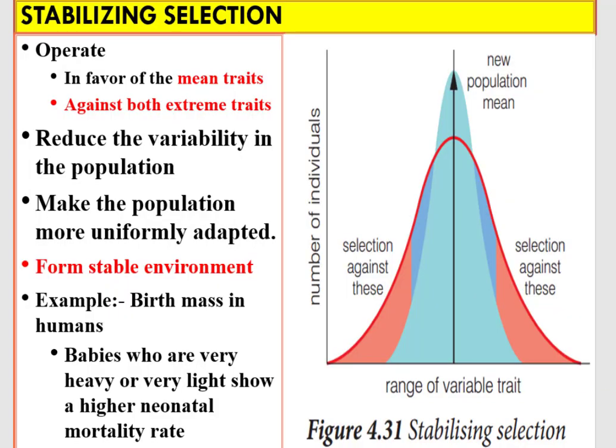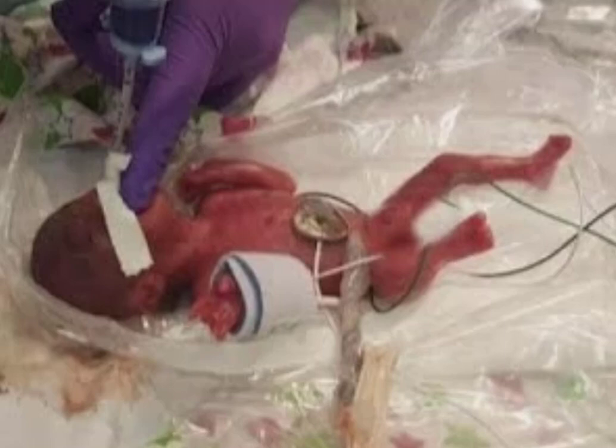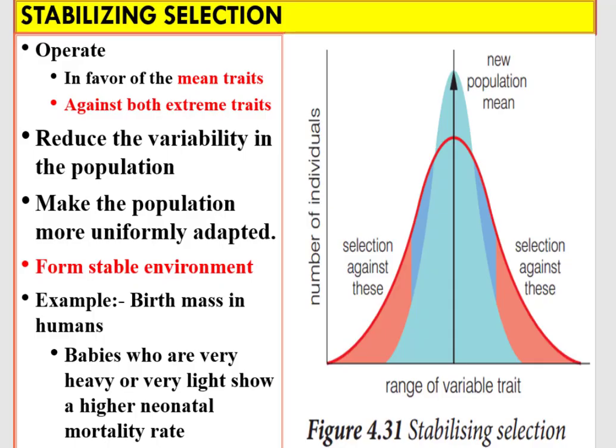Here, the babies with medium body mass, or the mean trait, show fewer neonatal deaths, which is in favor with the environment. Over time, selection is operating to reduce the numbers of heavy and light babies that are being born and increase the probability of median body mass, or the mean traits.